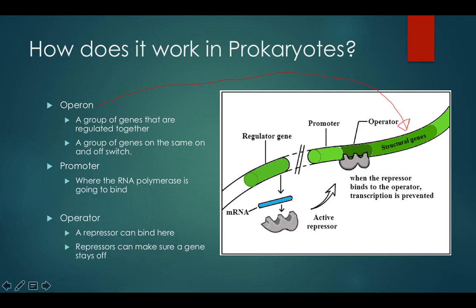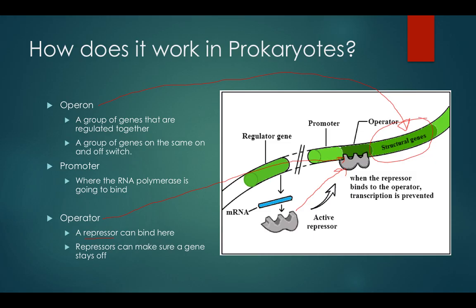And finally, there's something called an operator. The operator, which can be pictured right here, is basically a place where something called a repressor can bind. A repressor can go to the operator and basically prevent the creation of this protein right here.